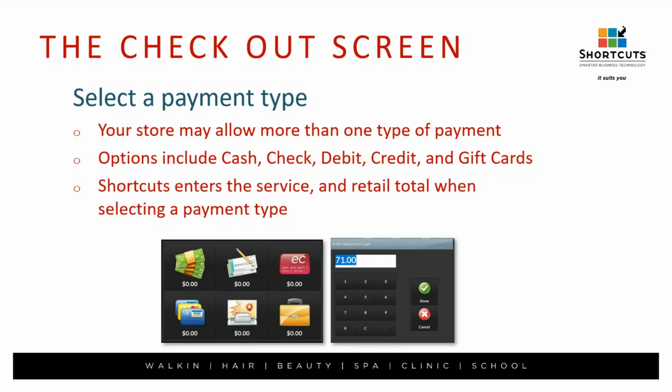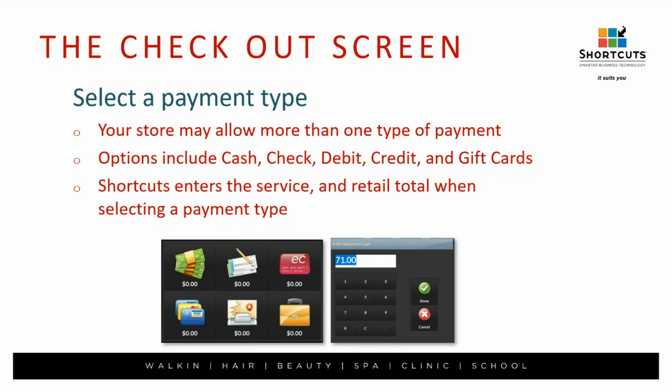So just so you know, we have cash, and that's the little cash button. Next to that is the check button, if your salon or spa allows checks. The red card represents debit cards. And on the following row, the little Visa card represents credit cards. Next to that is your gift card or gift certificate, alternate payment button.